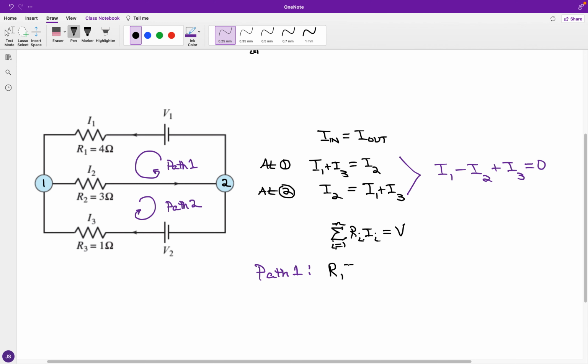And we have the resistance measurements already given. R1 is 4 ohms, R2 is 3 ohms, and again the first voltage is 22 volts.